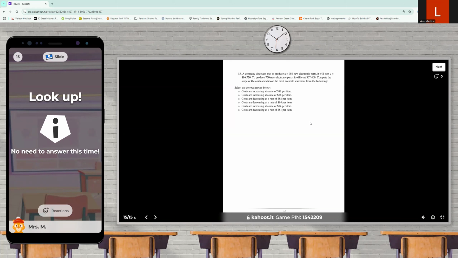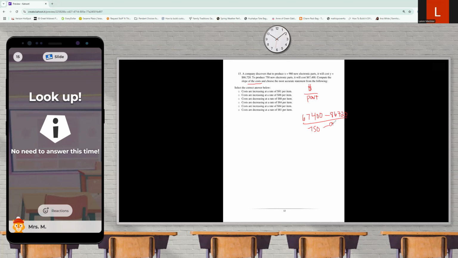And then I would just go with the newer information, that is the second sentence. So that would be 67,400 is the newer cost. The original cost they told me was the 86,720. The newer amount of parts was 750. The older amount of parts they gave us, which was the first sentence, was 980. Just as long as these match.